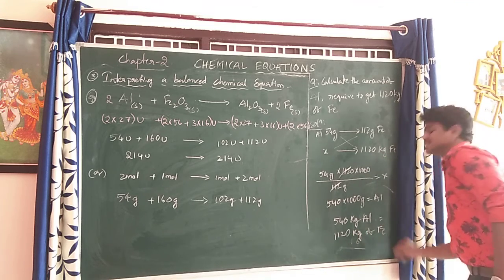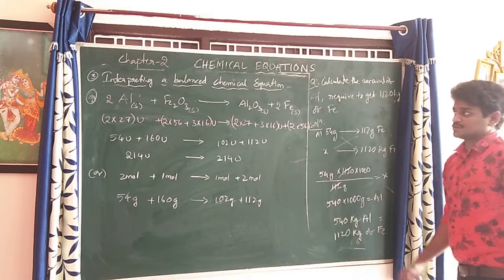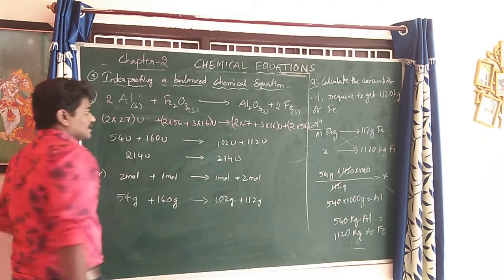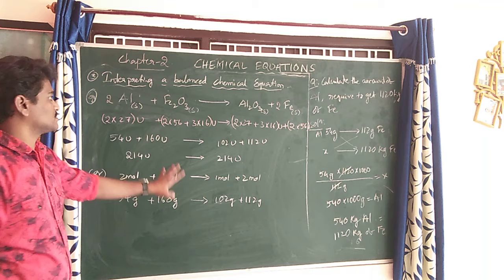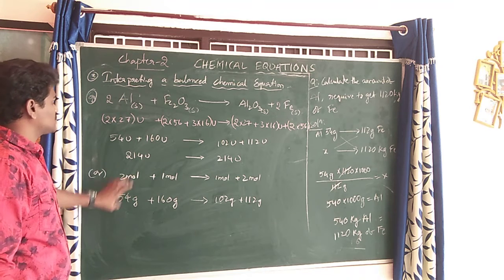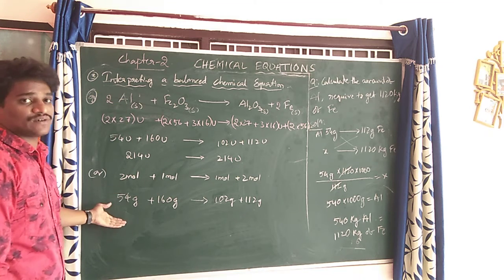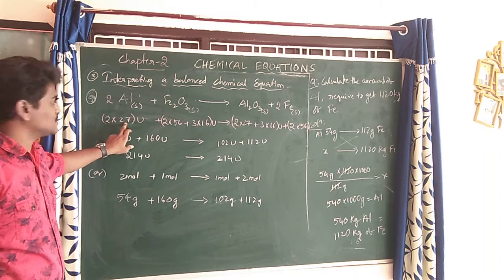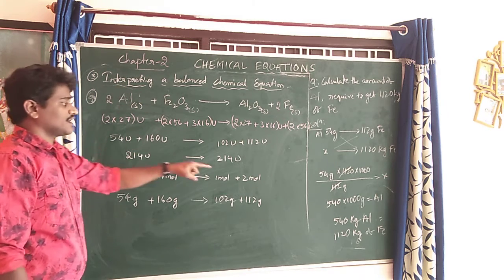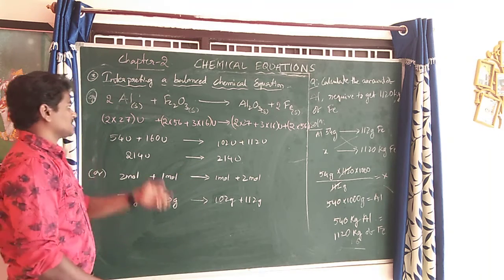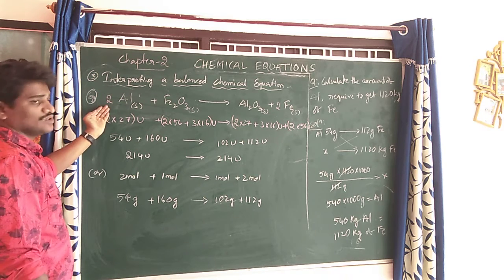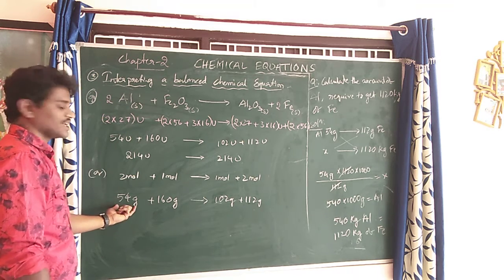You should write this clearly in the examination. You should give this type of explanation. 54 grams of aluminium: how did you get 54? 2 into 27. How did you get 27? Aluminium atomic number is 13 and atomic mass is 27. 27 into 2 units is 54 grams.